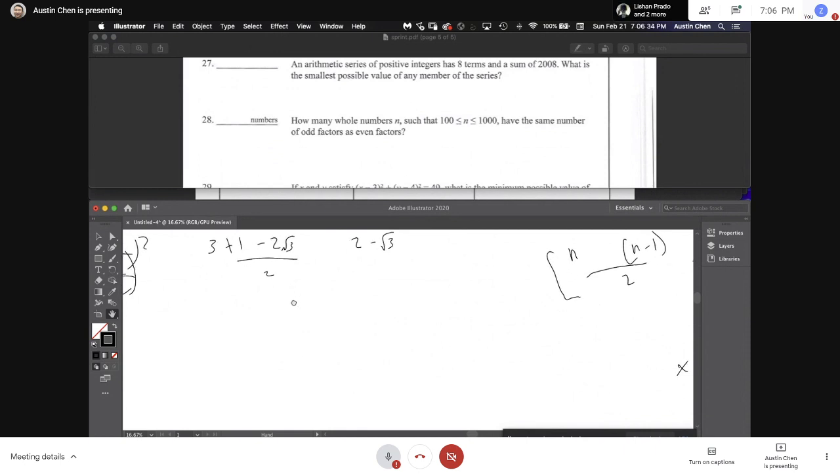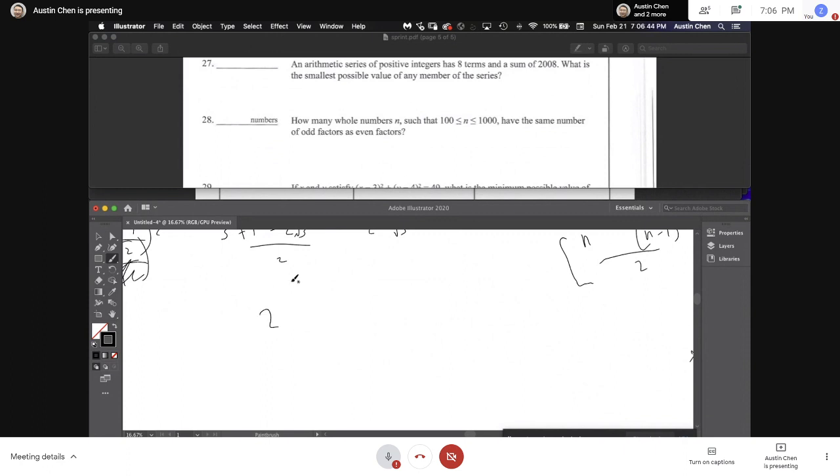How I thought about this was looking at n's prime factorization. The prime factorization of n is going to be, let's just say, 2 to the a, 3 to the b, 5 to the c, 7 to the d, and so on. Now, the number of odd factors.